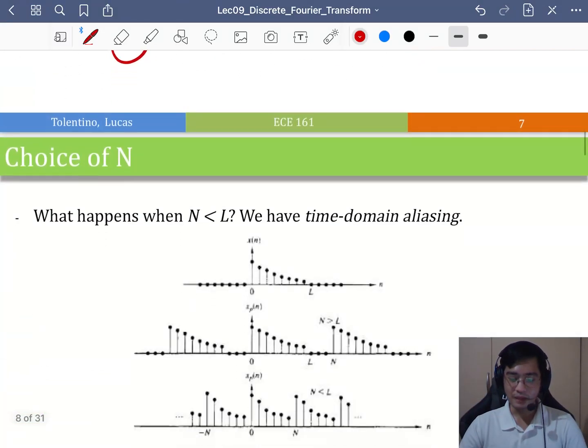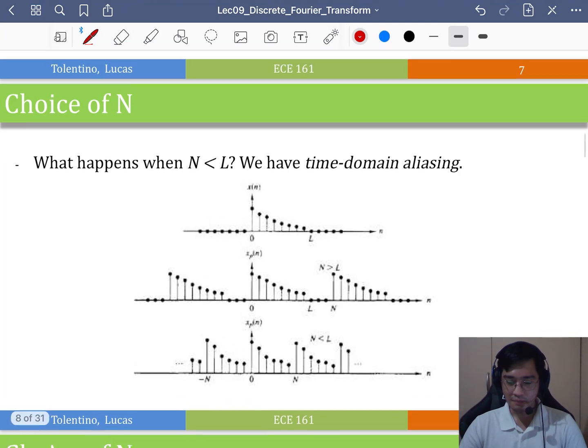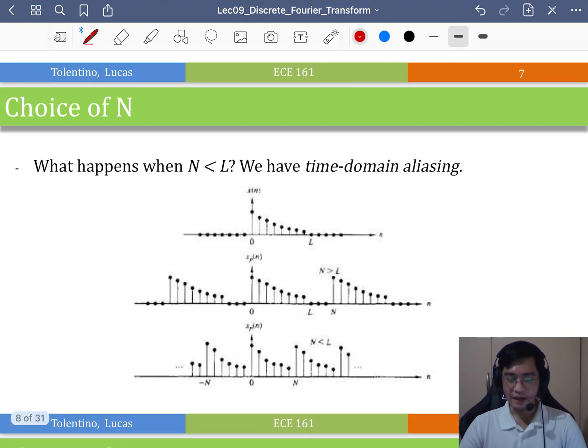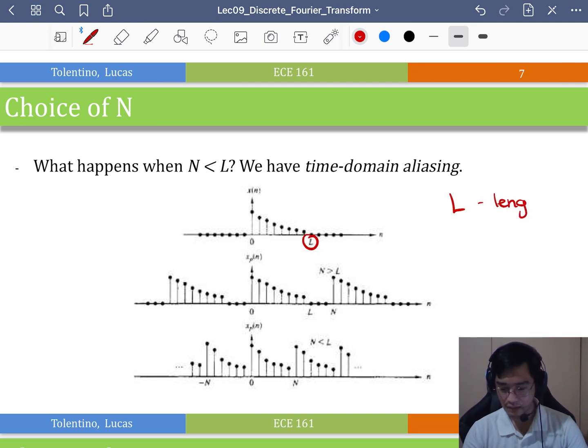Now, let me give this example. For example, we have x of n. Take note of L here. L is the length of x of n.